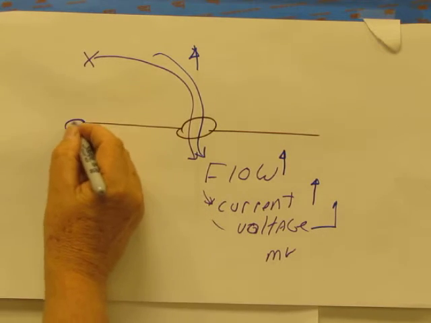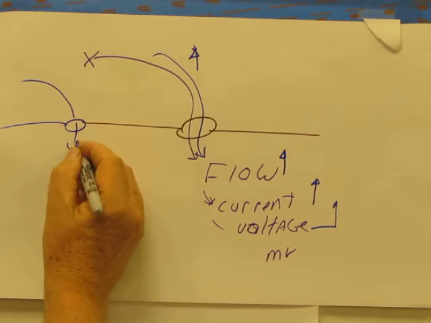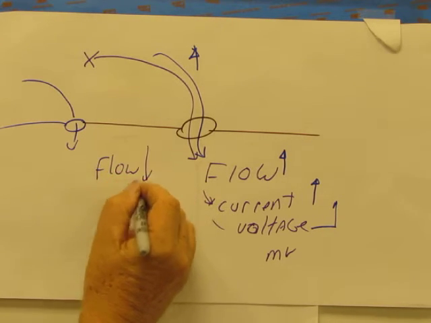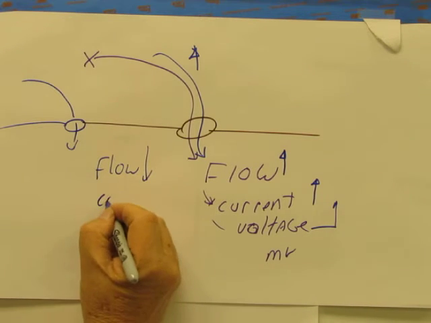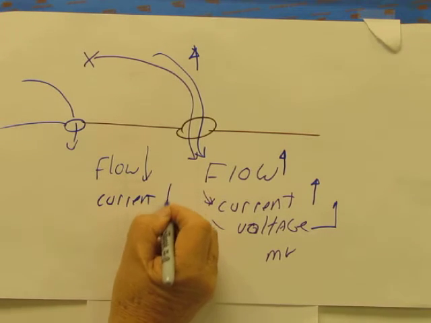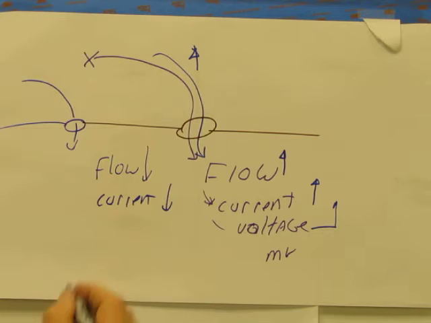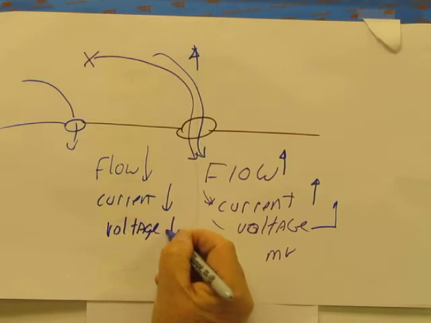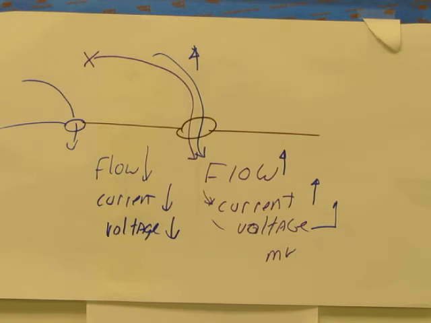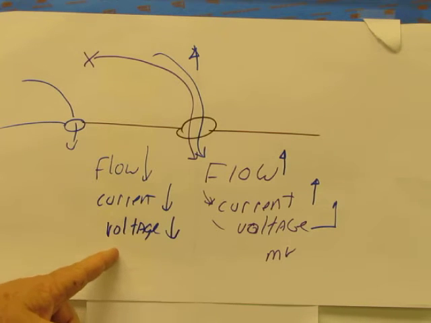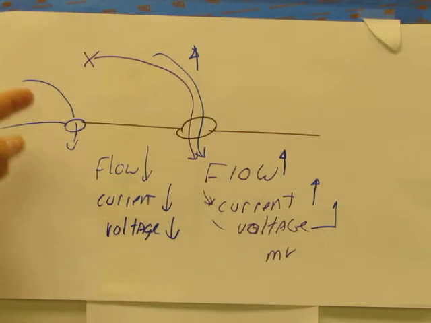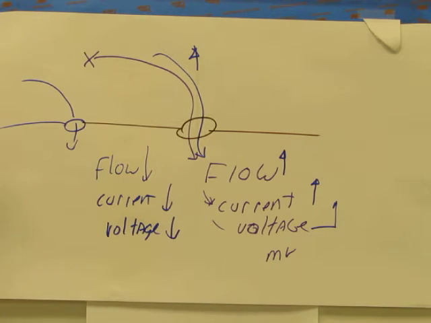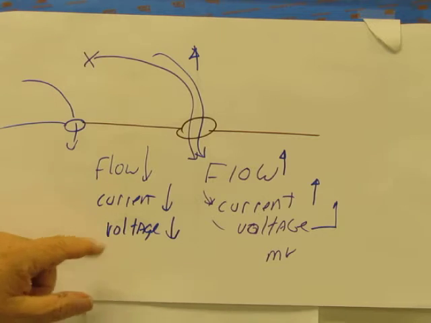If you make this a little smaller and the flow decreases, then the current will decrease and then the voltage will likewise decrease. The voltage is directly related to the amount of flow. The faster the flow, the higher the voltage. The slower the flow, the lower the voltage.